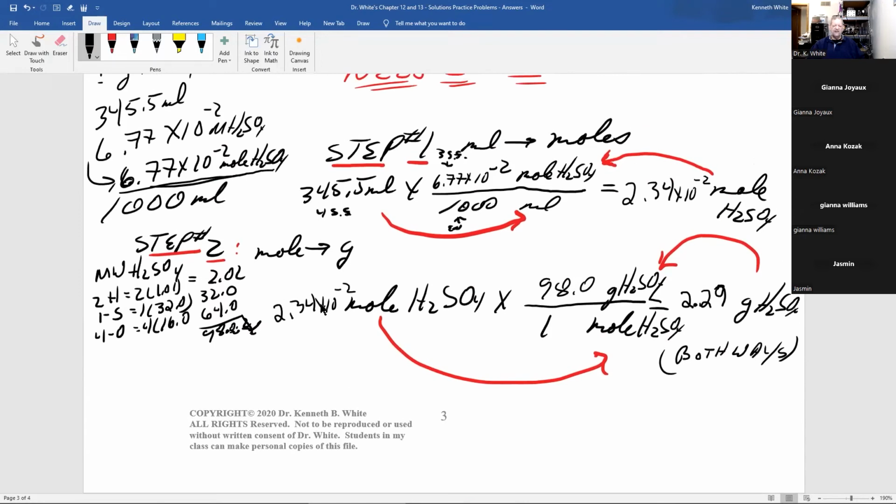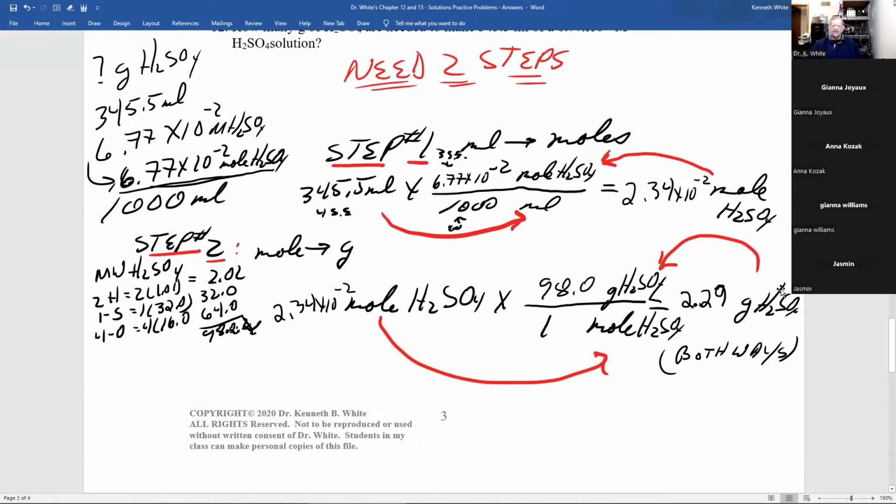So we just calculated moles of sulfuric acid, 2.34 times 10 to the minus 2 moles. We want to get to grams of sulfuric acid, and you use your good friend, unit analysis. Whatever you are trying to get to, the units go on top of that ratio. Whatever you're trying to get rid of, the units go underneath.